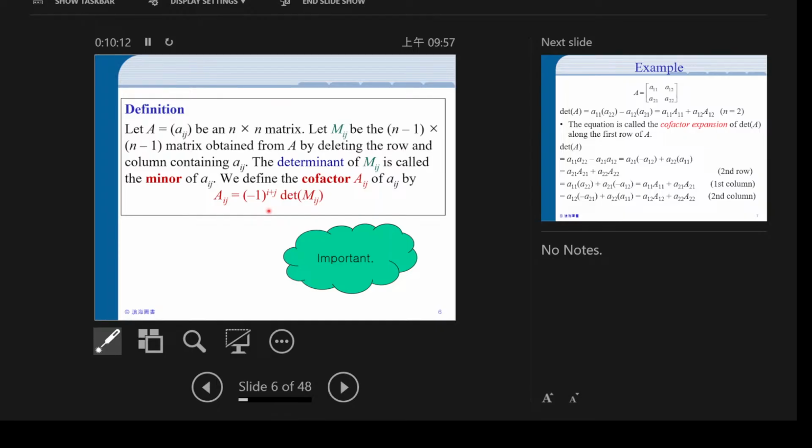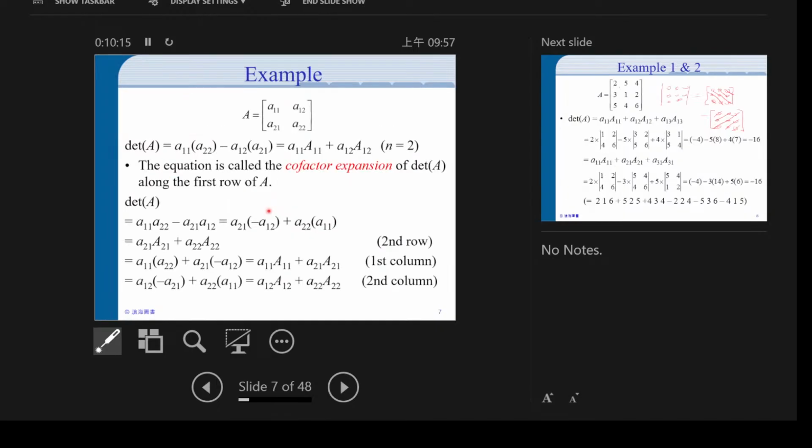The definition is an example. So we go back to our 2x2 example. We have that A equals A11, A12, A21, and A22. And we know from high school that the determinant of A is A11 times A22 minus A12 times A21.